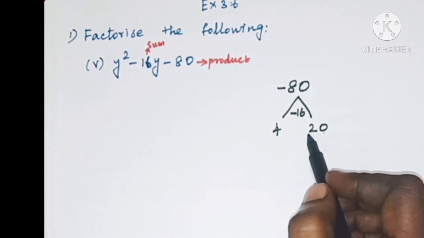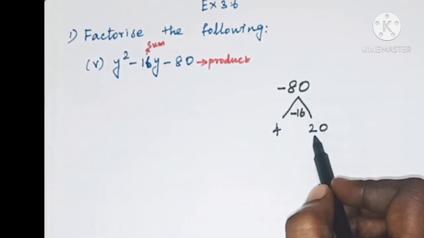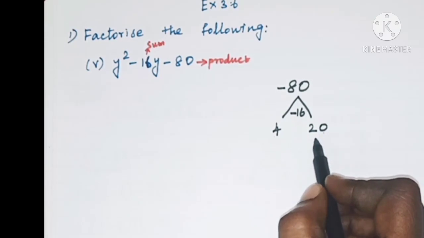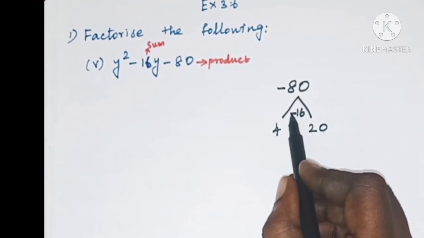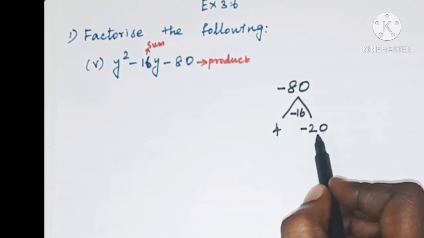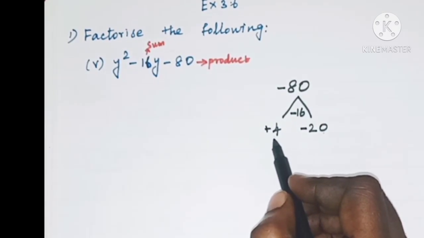Now you should put the symbol of this number for the greater number. From these two numbers 4 and 20, the greater number is 20. So in the place of sum, the sum symbol is minus, negative symbol. So you should put negative symbol for the greater number and the positive symbol for the other number.